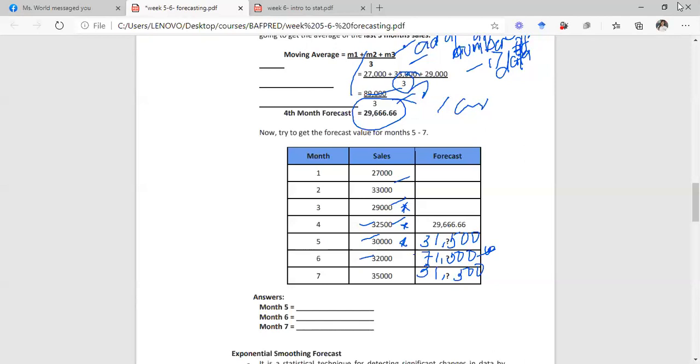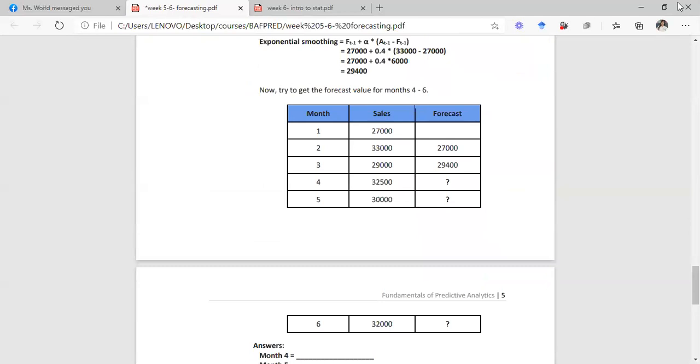We really made a mistake. So we have here 30,500. So it should be 31,500, 30,500 and 31,500. That is the moving average.